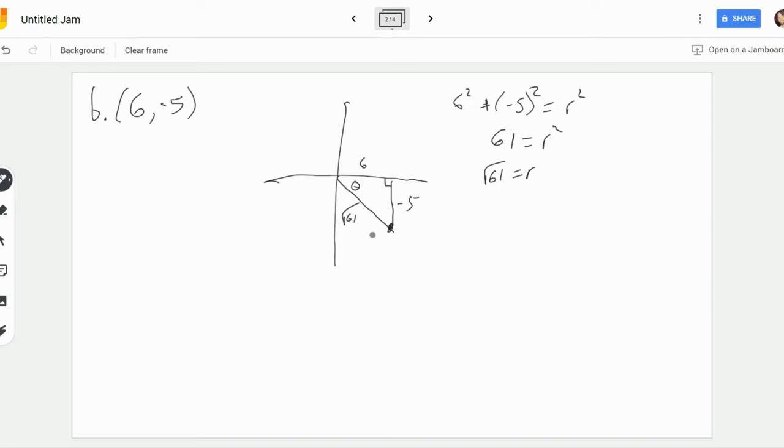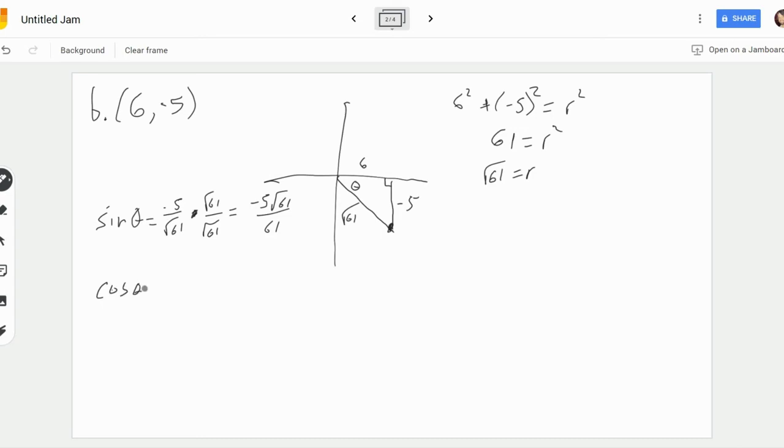And we can find our first three trig functions. So sine of theta is opposite over hypotenuse. That's -5 over square root 61. However, we don't like to leave the square roots on the bottom, so we multiply by square root 61 over square root 61. All it really does is rationalize the denominator, so we get -5 root 61 over 61.